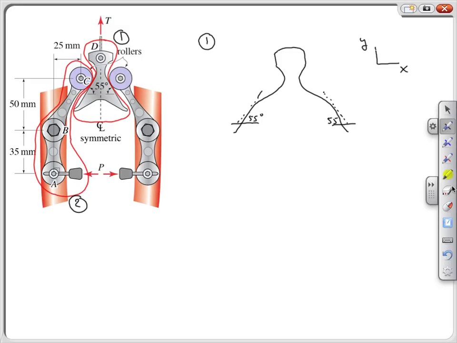We'll neglect any friction that occurs between the roller and the cam. And so the contact forces here will be symmetric on both sides, and we'll call these forces N here and here.